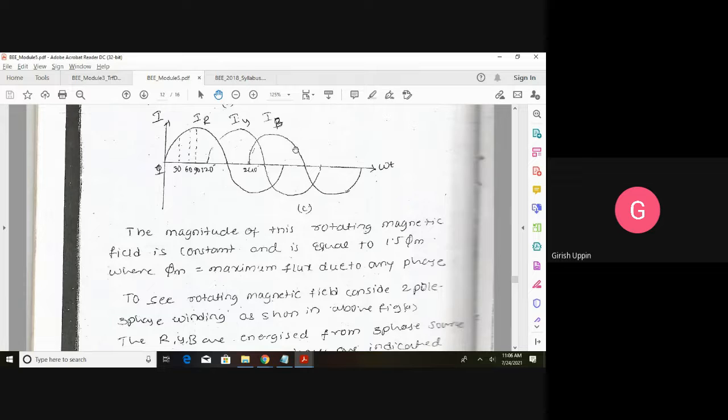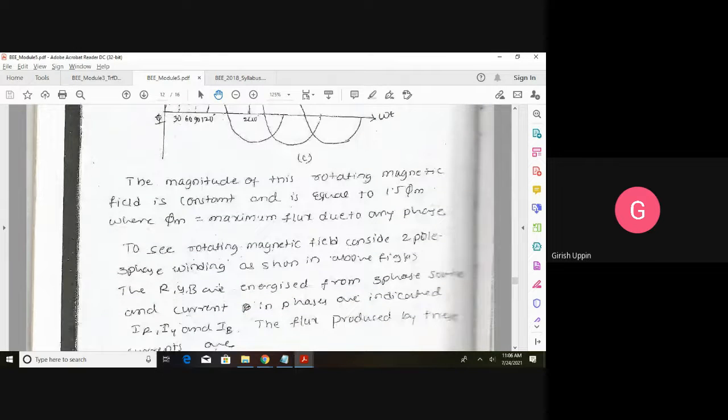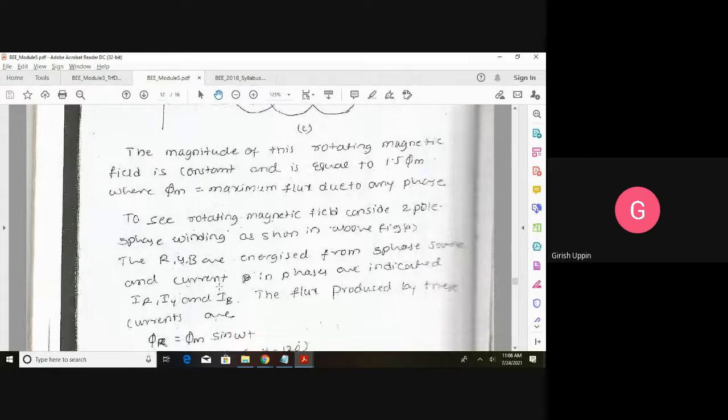The total flux will be the sum of these three fluxes, which comes to 1.5 phi m, a constant value, and constantly it changes its direction. The magnitude of this rotating magnetic field is constant and equal to 1.5 times phi m, where phi m is the maximum flux due to any phase.